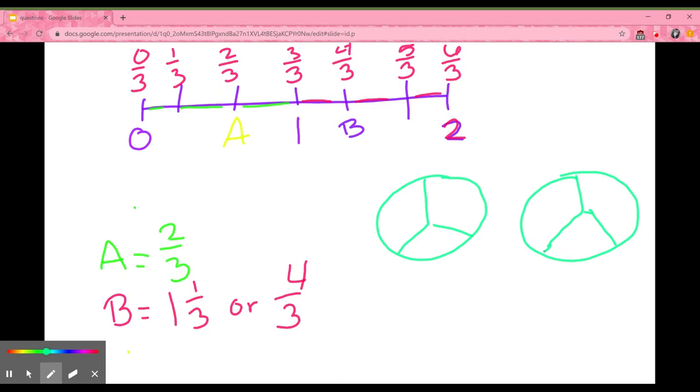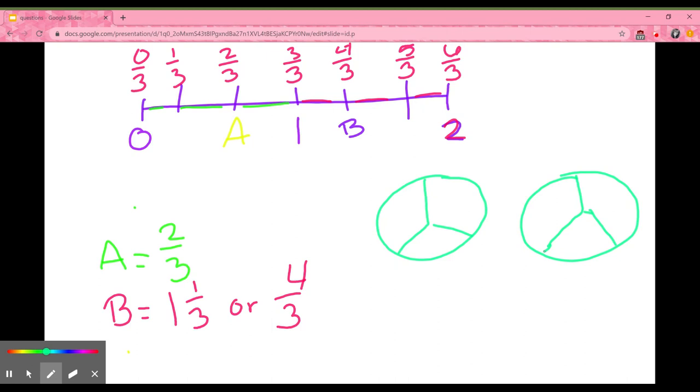So if we have these two pizzas and they're exactly the same size pieces, same size pizza, we can use them to represent the fraction that is shown, or the letter B, what that represents. And I think this picture will help you better understand what I mean when I say 1 and 1/3 and 4/3 are equal to the same thing.